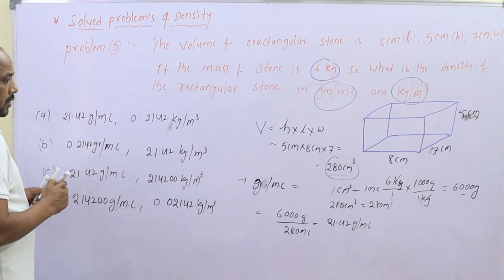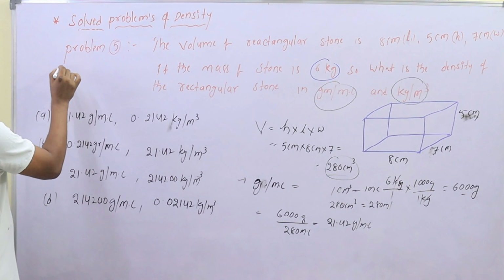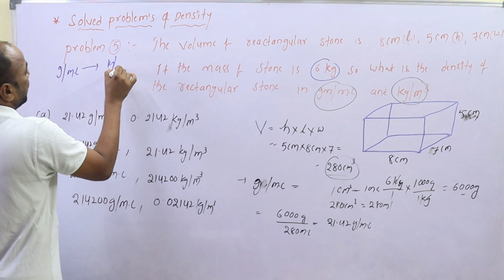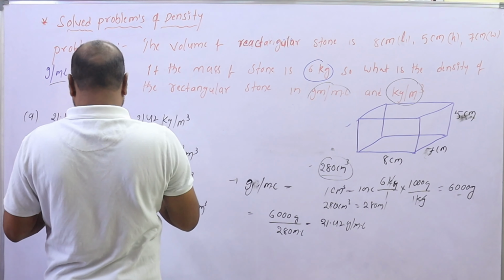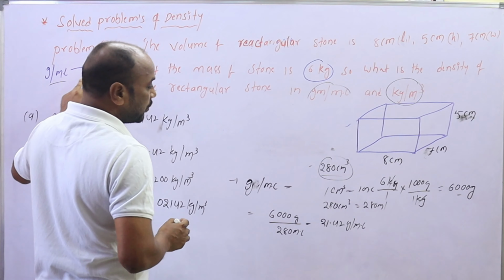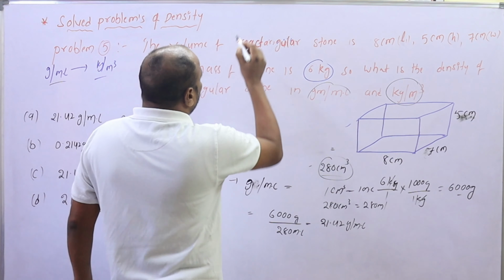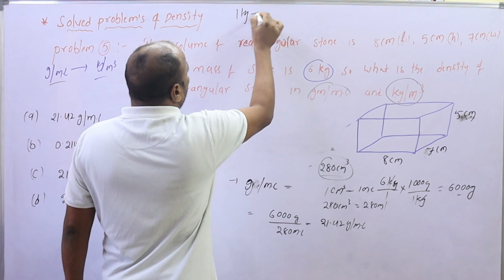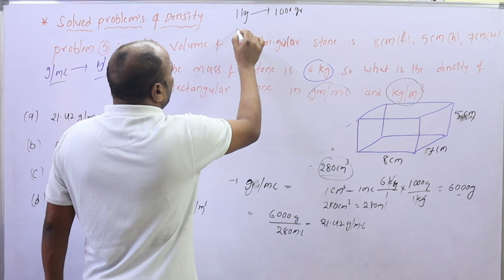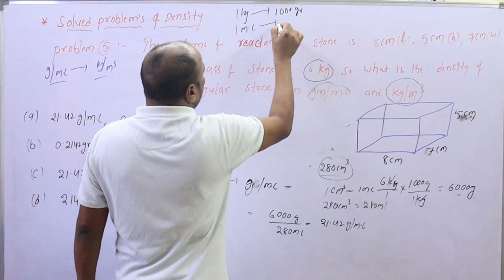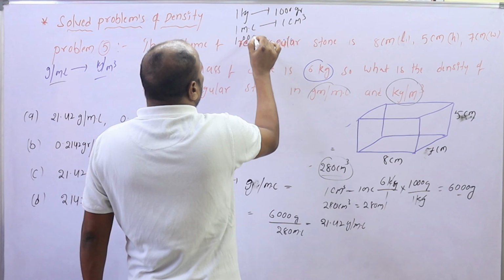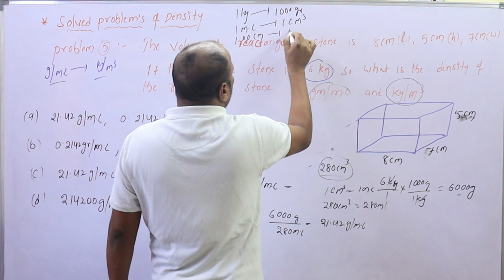It is the conversion of gram per milliliter to kg per meter cube. So keep in mind 1 kg equal 1000 grams, and 1 milliliter equal to 1 centimeter cube, and 100 centimeter equal to 1 meter.